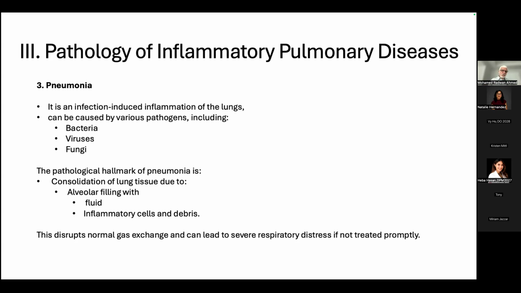A lot of fungal infections are endemic in some areas of the US. Viruses are most common, like we heard about respiratory syncytial virus and all of that stuff causing pneumonia, pneumonitis, or inflammation of the lung.